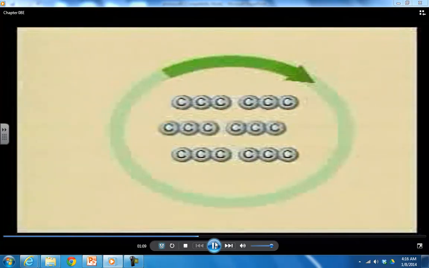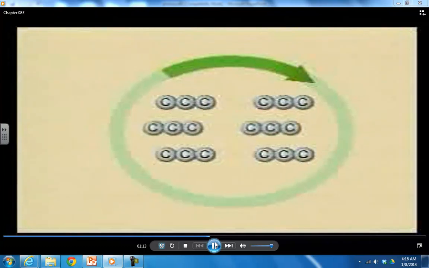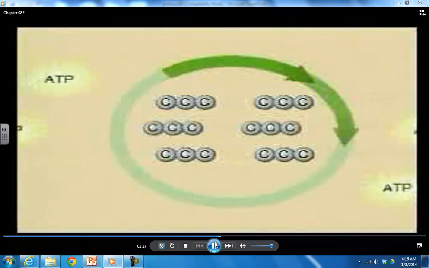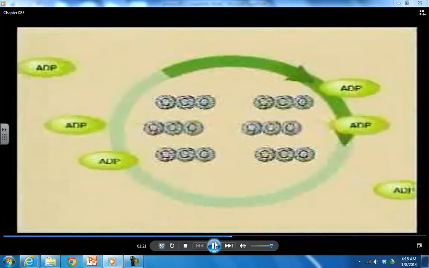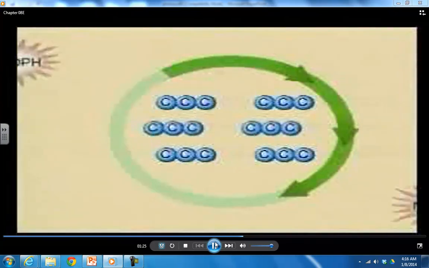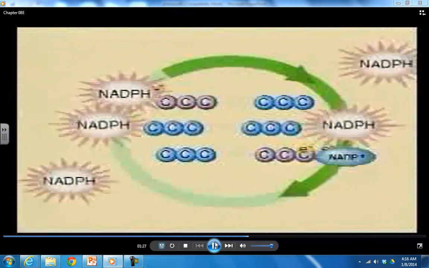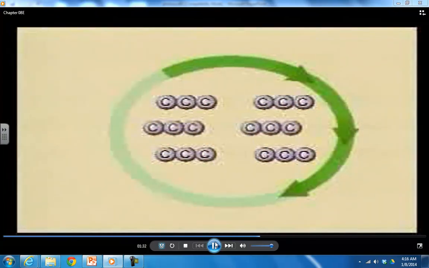Each of these molecules splits in half, forming 6 3-carbon molecules called PGA. 6 ATPs must be spent to energize the 6 PGAs. Then 6 NADPHs must be spent to energize the PGAs still further. These 3-carbon molecules are now called PGAL.